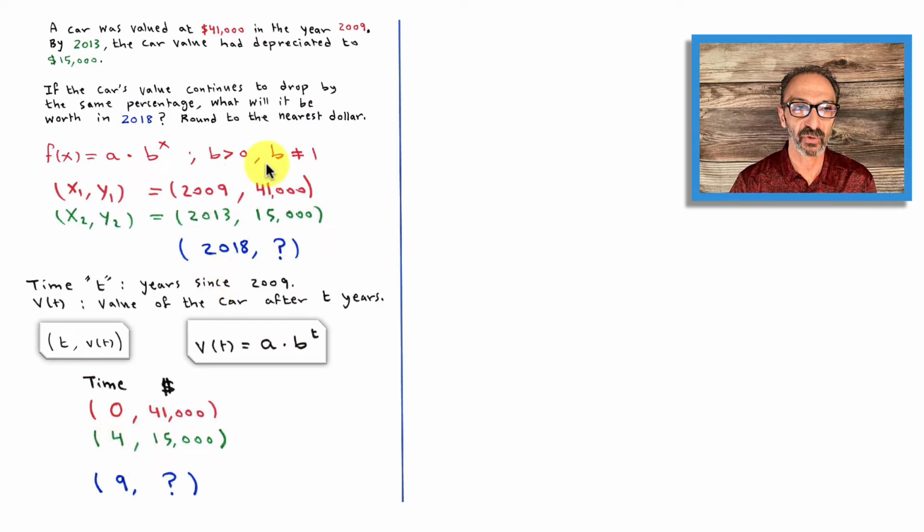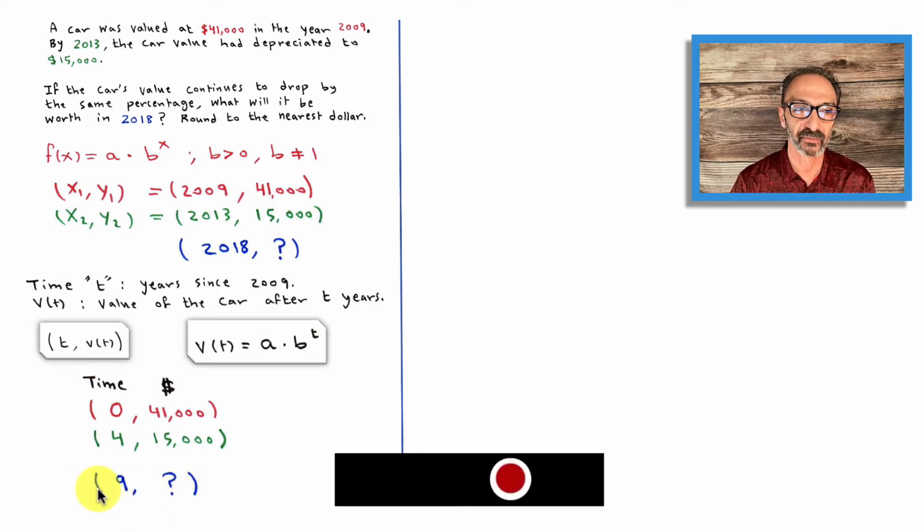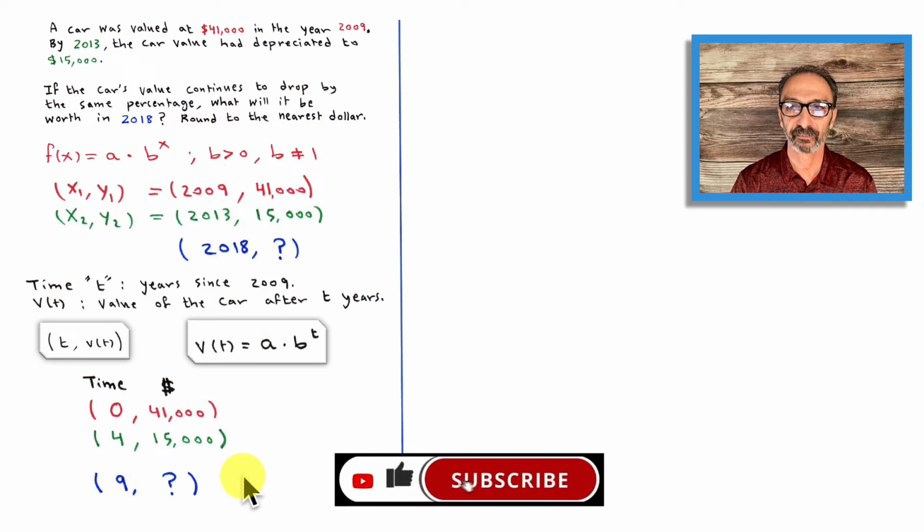And of course, if you go from 2009 all the way to 2018, that's 9 years. So 2018 in our numbers corresponds to t equals 9. 9 years since 2009. We need the value at t equals 9, which is 2018.